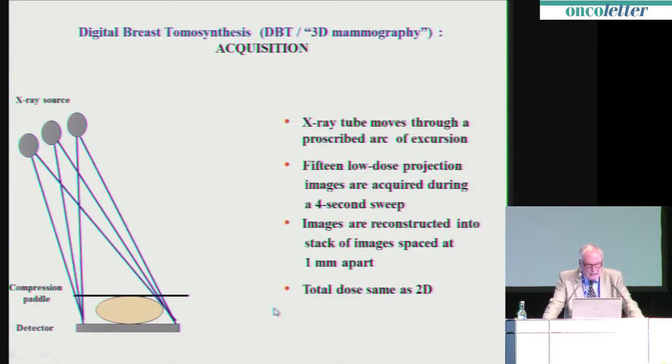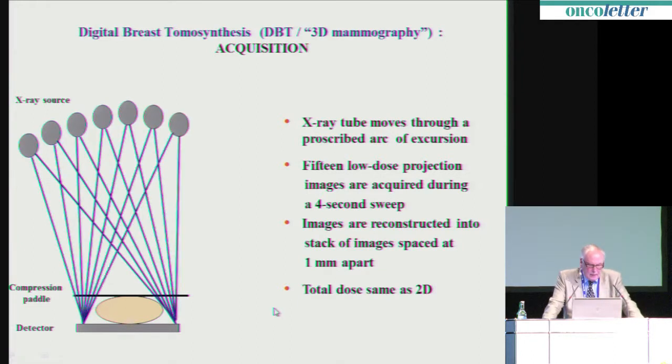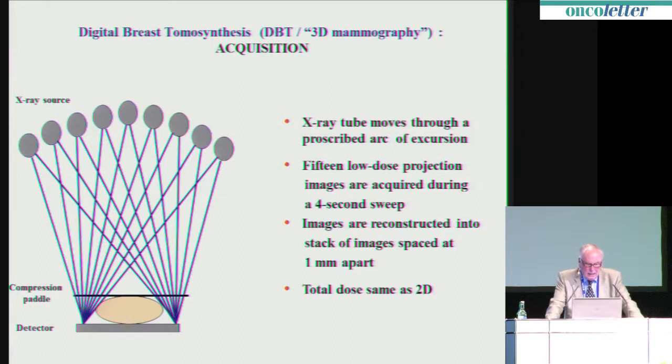You can see the X-ray source moves around and makes several low-dose projection images. And these low-dose projection images are reconstructed into a stack of images, often 1 millimeter thin slices. The dose is the same, approximately, as a conventional 2D.